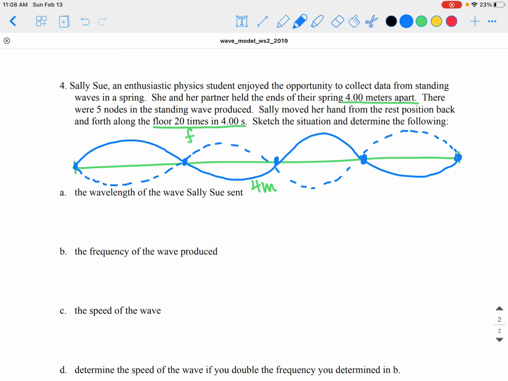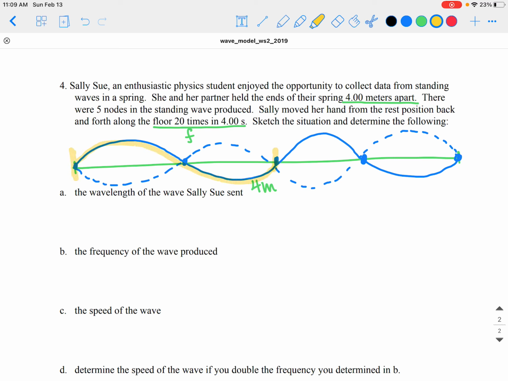So sketch the situation and determine the following. So this is our sketch. The wavelength of the wave Sally Sue sent: we know that one wavelength has to go through 3 nodes. It's going to be from one rise, back down, and back to a node.